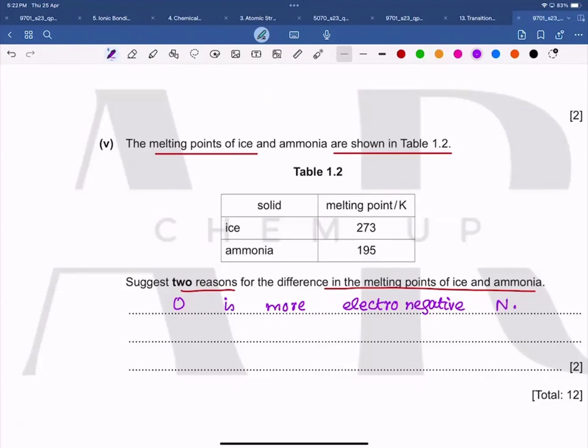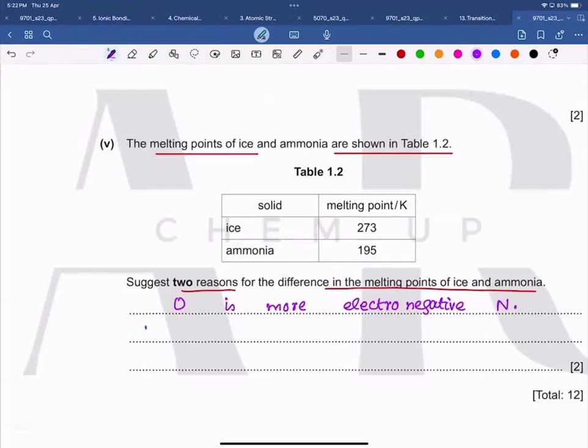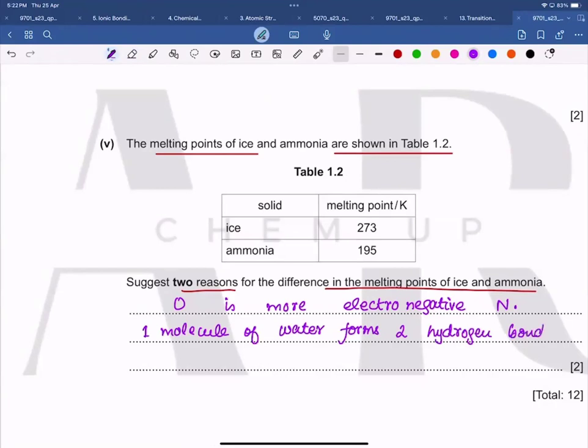Oxygen is more electronegative than nitrogen, and one molecule of water forms two hydrogen bonds and one molecule of ammonia forms one hydrogen bond. Is this clear to all of you?